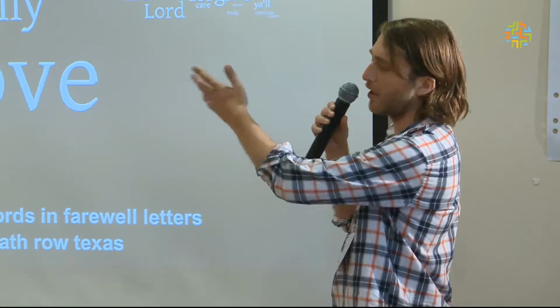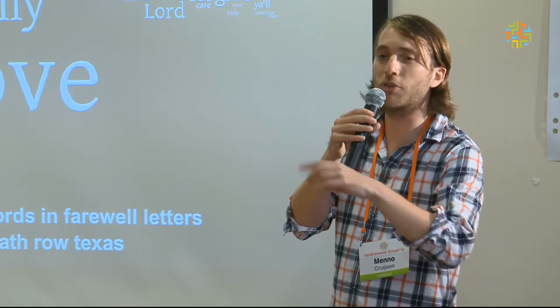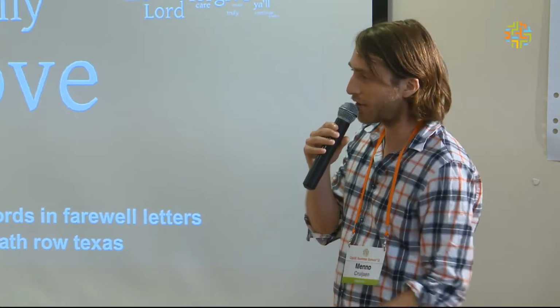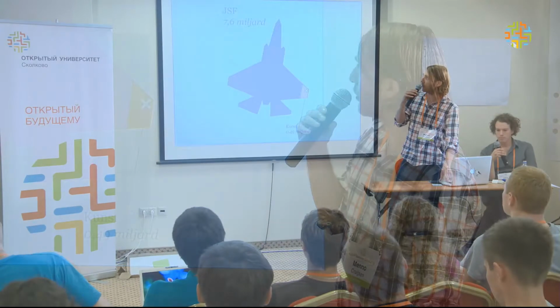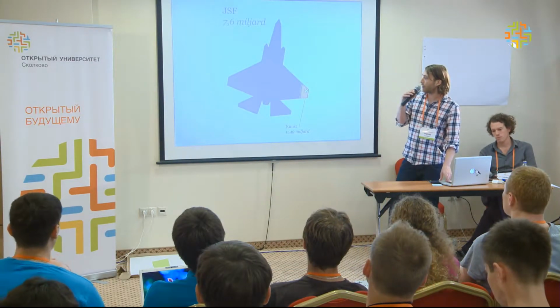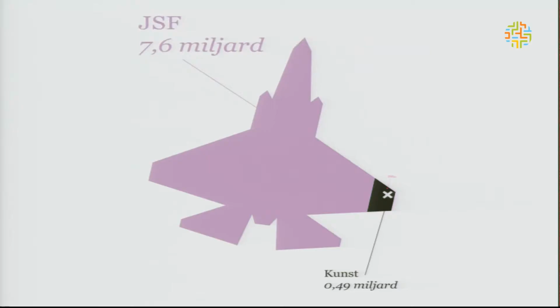And this, of course, is a visualization which you all know as well. In Holland, we had a big budget cut for the cultural sector because of the crisis. And this is to show how much money we are being cut. Of course, the whole cultural sector is suffering from it.